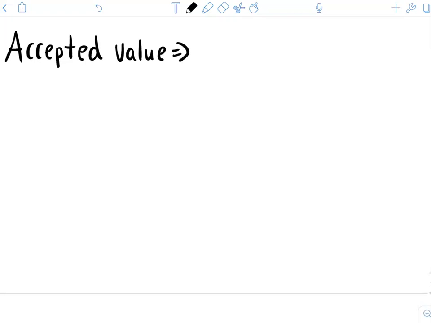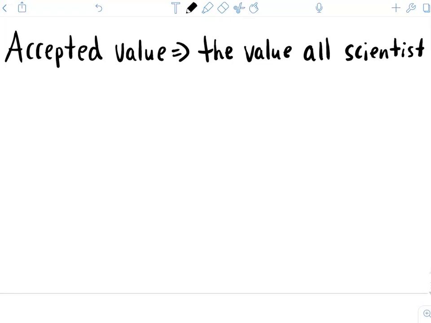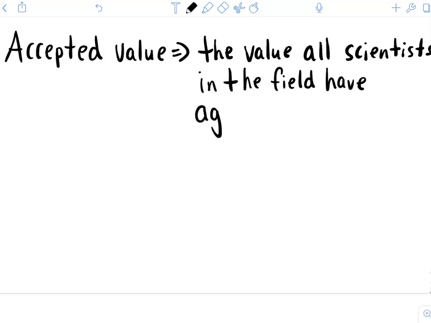And then talking about that accepted value, the accepted value is the value that all scientists in the field have agreed upon, or that they consider to be scientific fact.